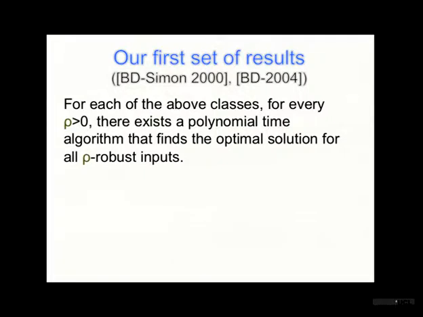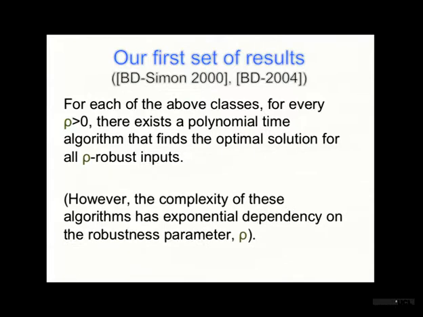The NP-hardness is really limited to the instances which are not robust. The non-robustness is really the source of problems. And one disclaimer is that these algorithms have exponential dependence on the robustness parameter. So for every fixed parameter, we get polynomial time, but the dependence on rho is bad. And we can show that this is inevitable.